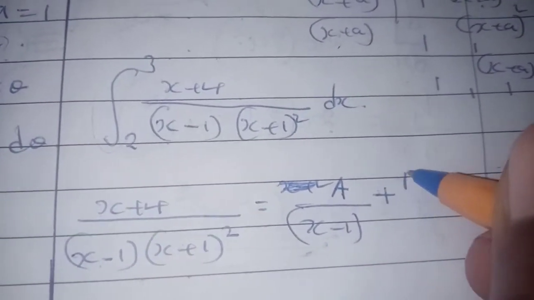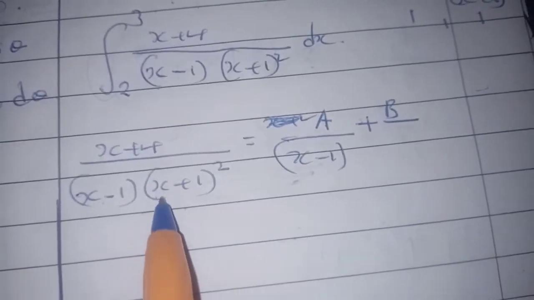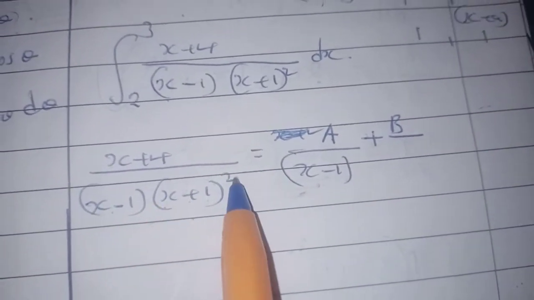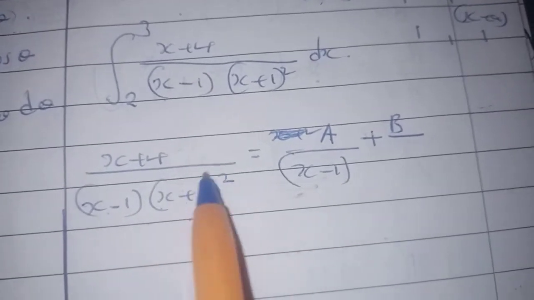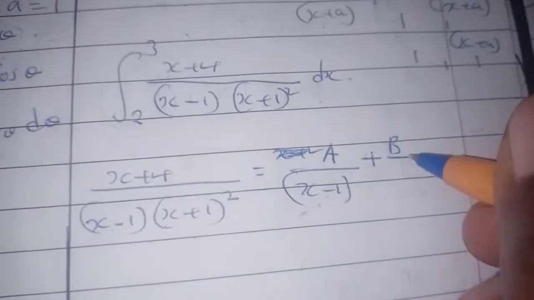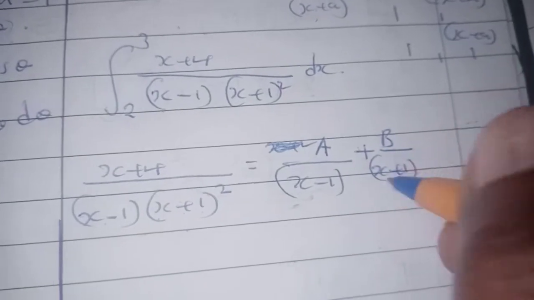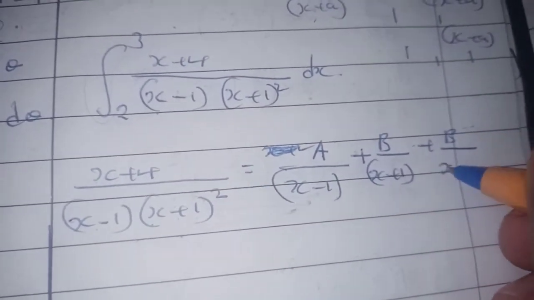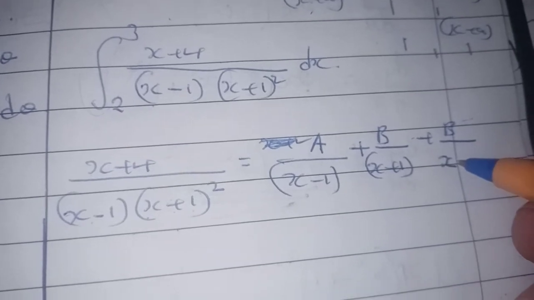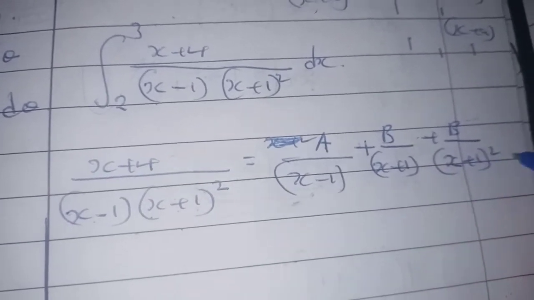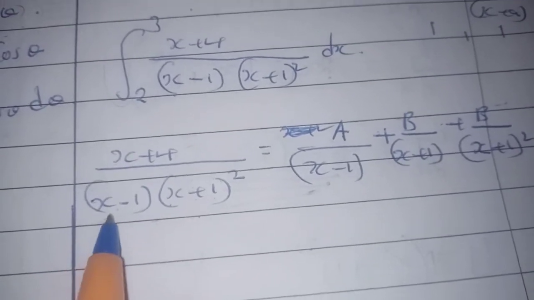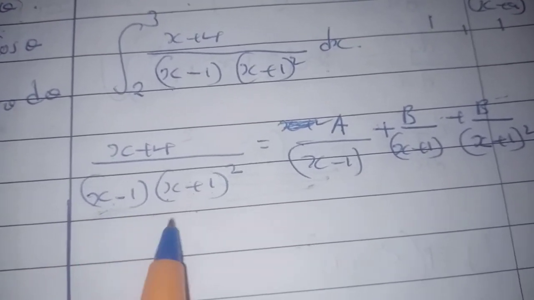Since this is x plus 1 squared, the LCM of these two can give us x plus 1, and plus b all over x plus 1 squared. Can you see these two functions, the inner functions are linear functions.